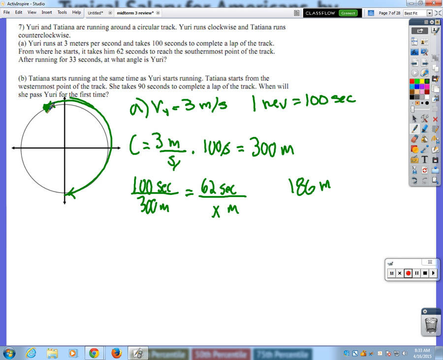What's the proportion of the angle, right? Okay, 300 over 360, because all the way around is 360 degrees, equals 186 meters over X. So what do you get from that?